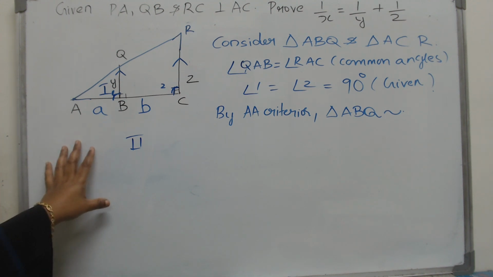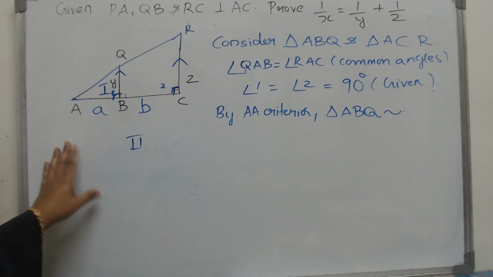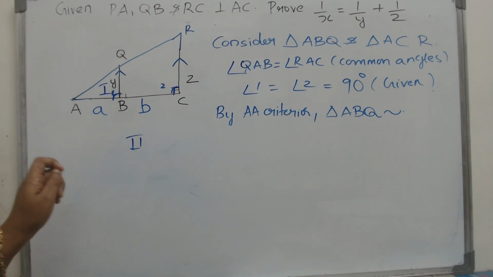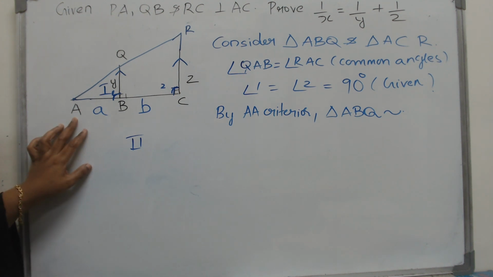But when you write the similarity, the name of the triangles, be very careful. The names of the vertices of the equal angles should come in the corresponding place.